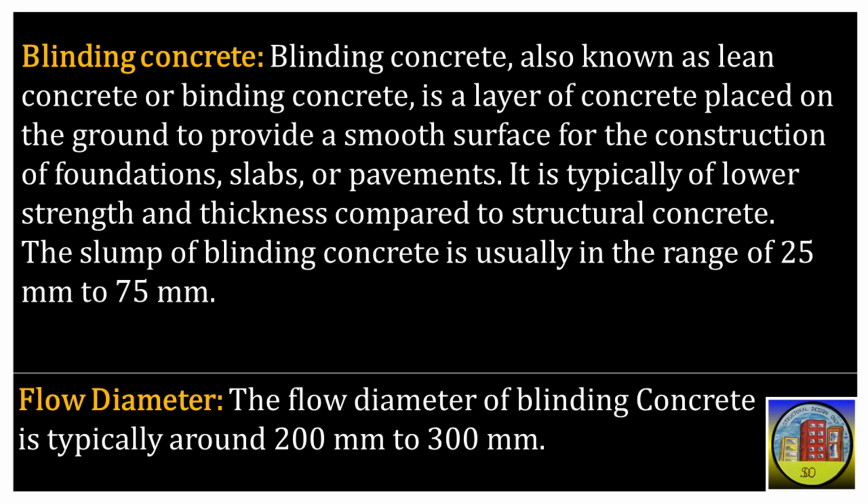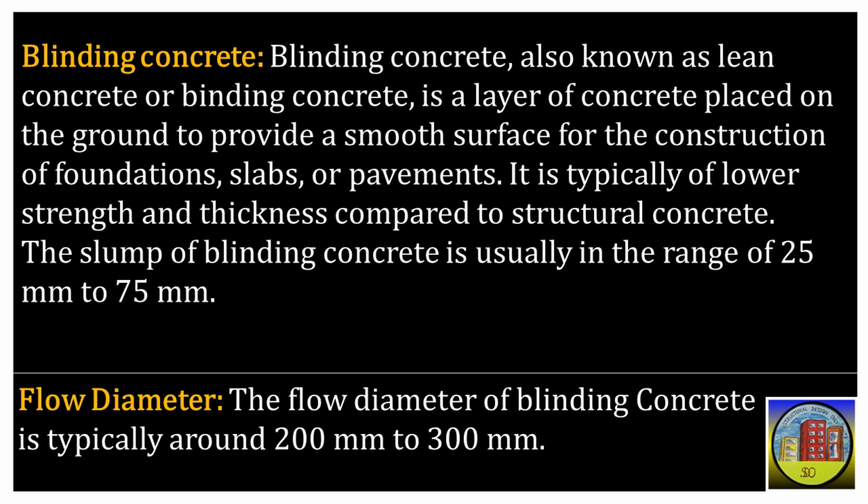For example, blinding concrete provides a smooth surface for construction. Shallow sections include footings, slabs, and pavements. Beams, walls, and columns are structural elements. Slip-form work involves continuous construction, and pumped concrete uses specialized equipment. In-situ piling provides structural support.